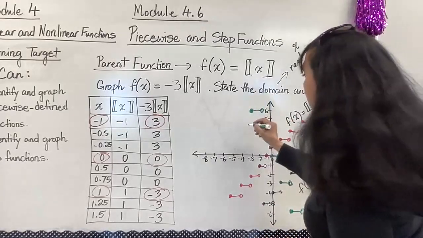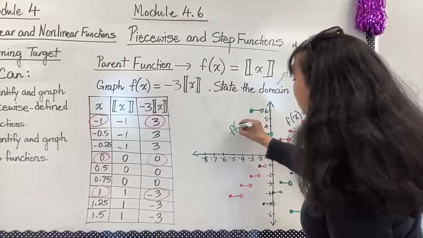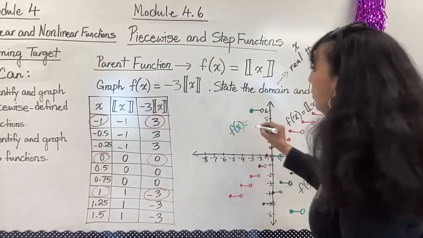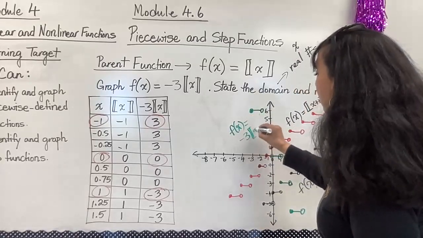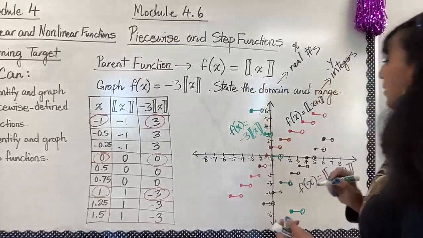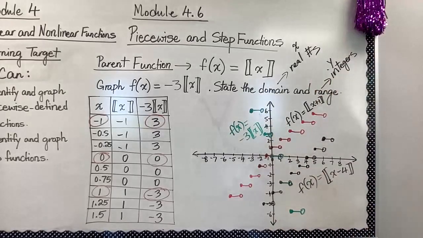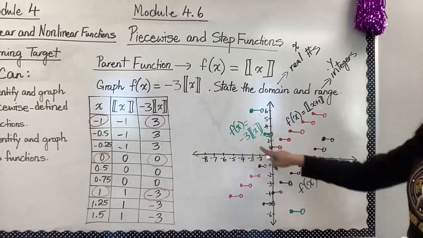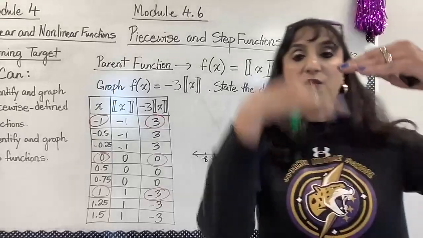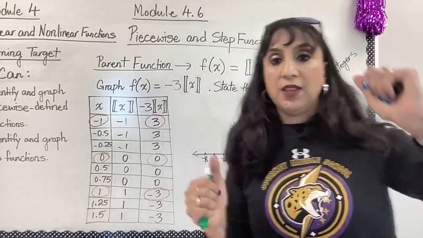This one is f of x is equal to -3 of x, like this. And so that's the green one. And I know that negative is telling me it's a downward slope, and then 3 is how much it is moving vertically.